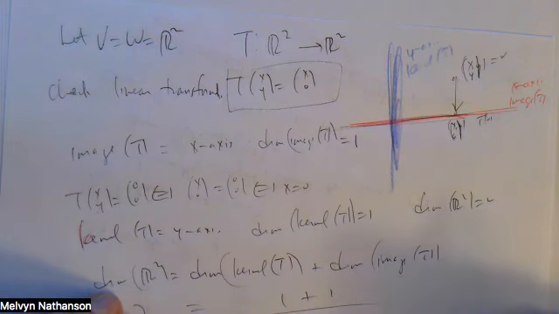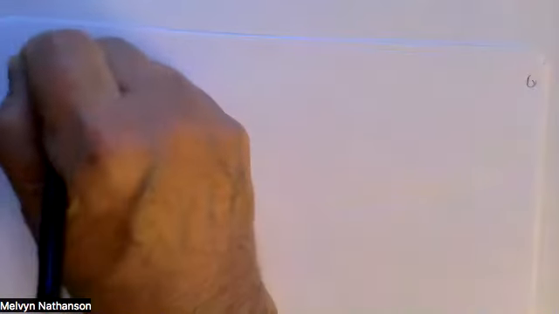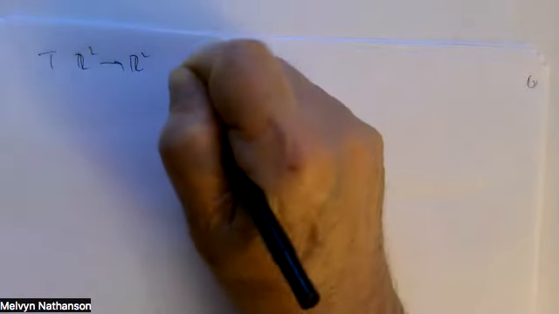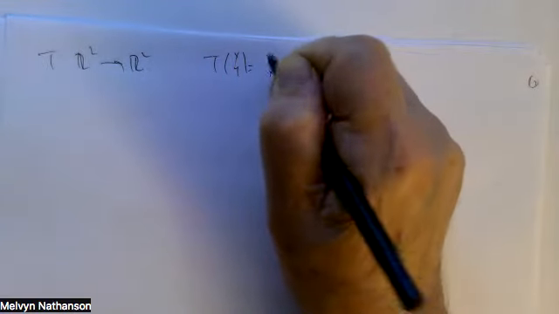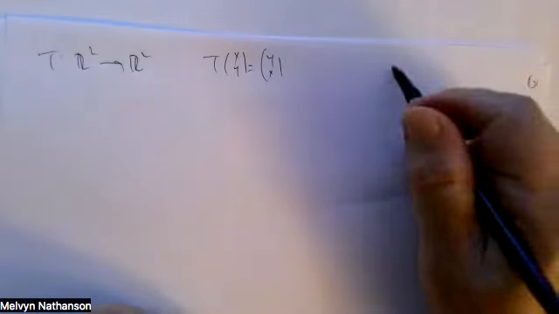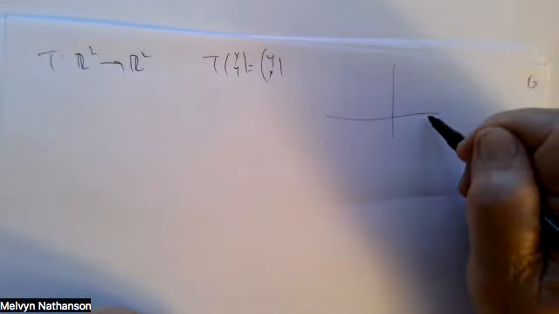Let's look at another example. Again, I'm going to restrict myself to the plane. So define T from R2 to R2 by T of (x, y) is (y, x). This linear transformation interchanges the coordinates.